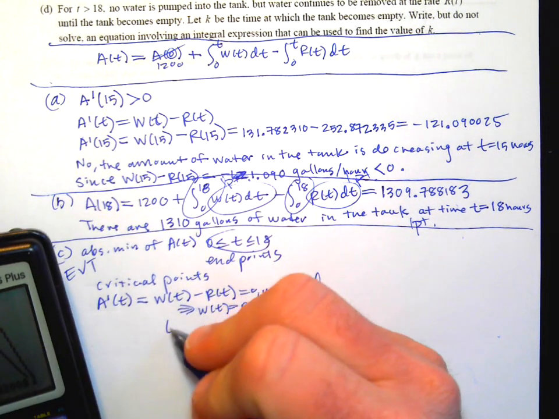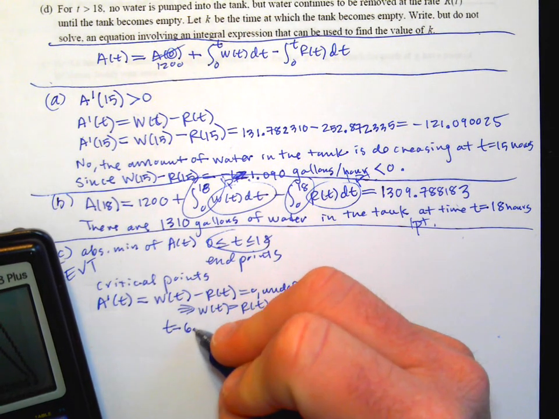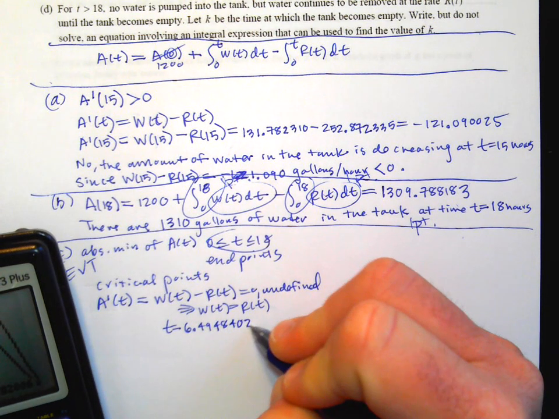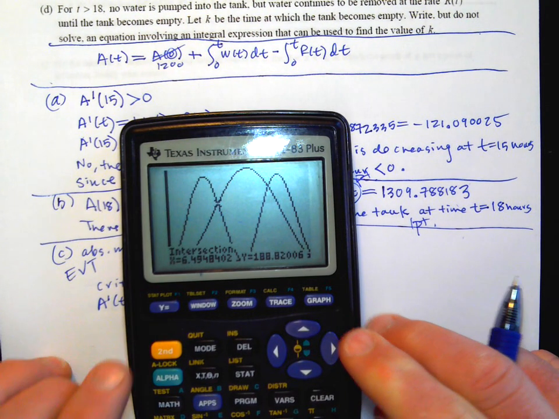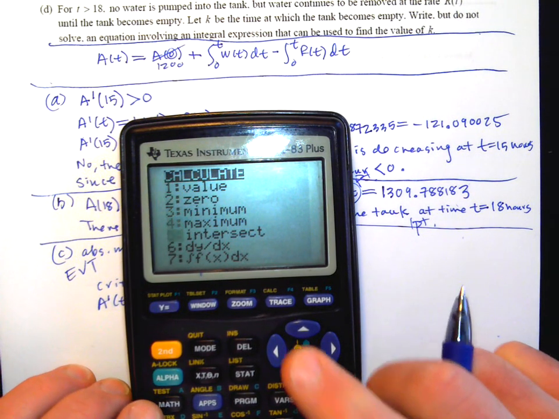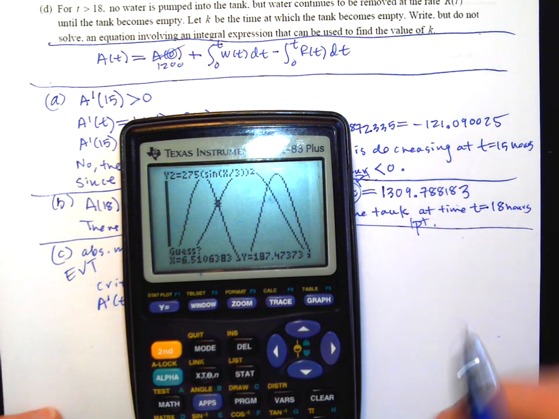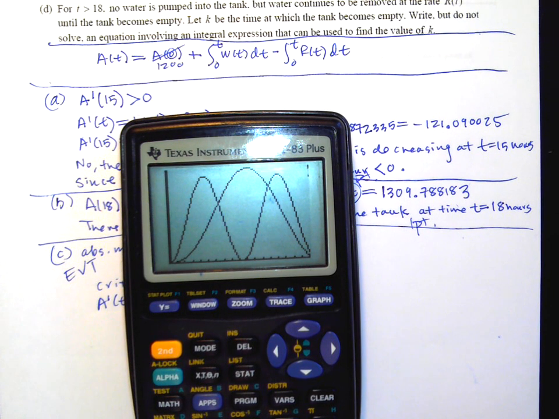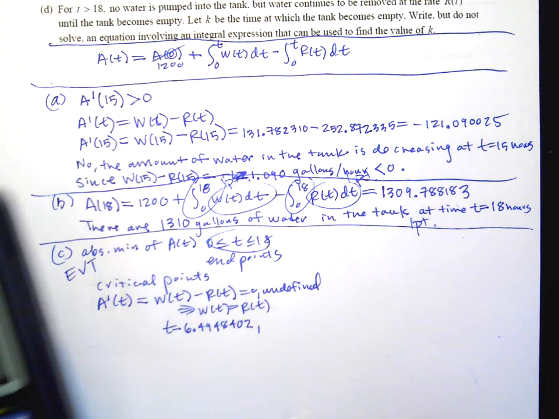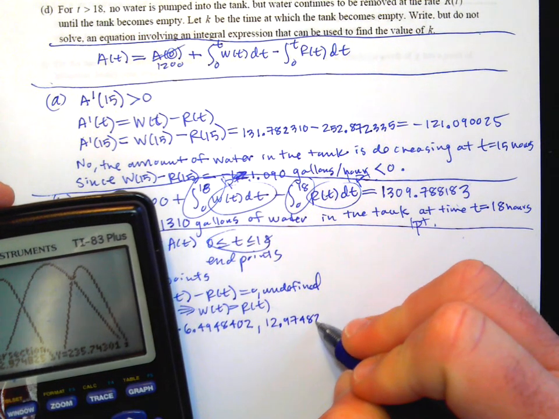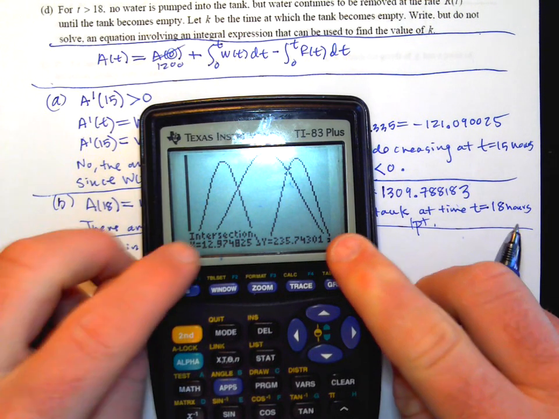So t equals 6.494842. And then we're going to find the other one: second calc, number 5, first curve, second curve. This is more like 12 or something. 12.974825.